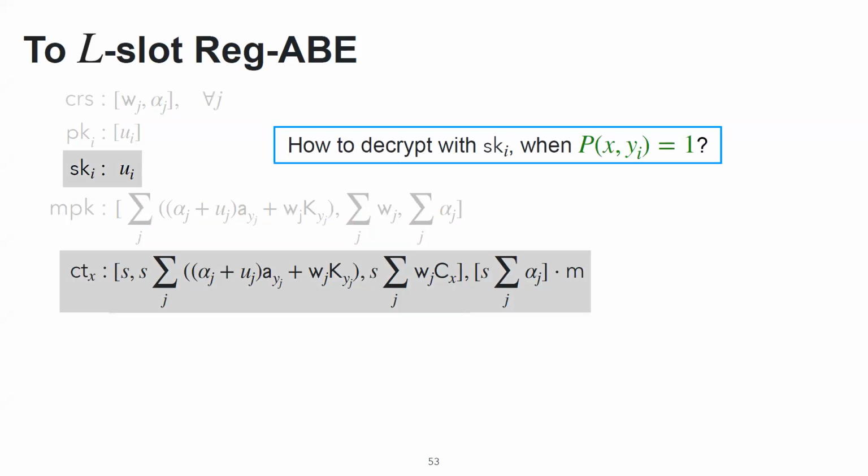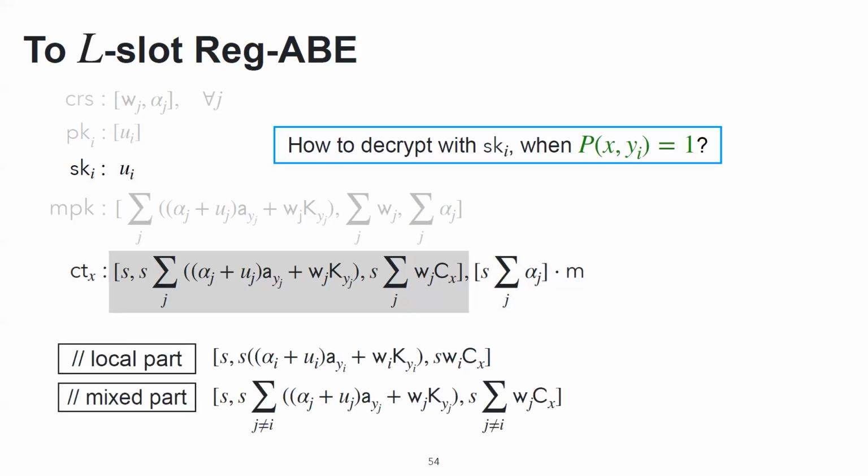So there is a question. A user with slot i who holds a secret key, can he successfully decrypt when the predicate P_XY equals 1? We observe that given a slot index, the first three terms in the ciphertext can be decomposed into two parts. We call them the local part and the mixed part.